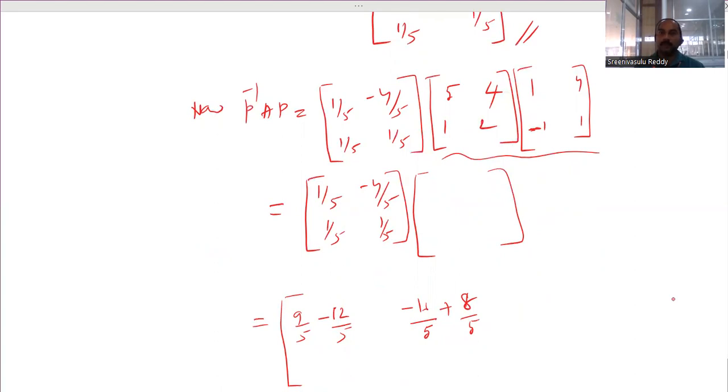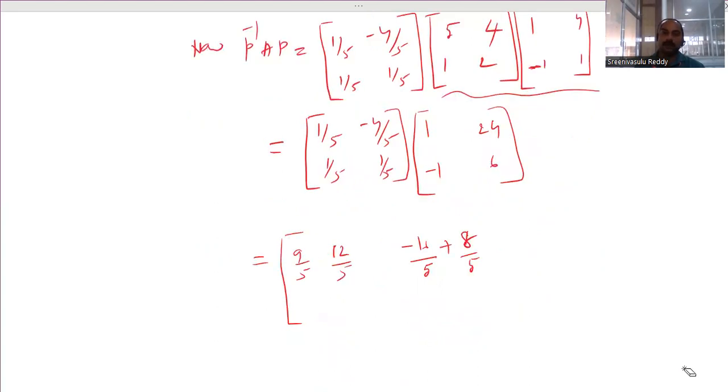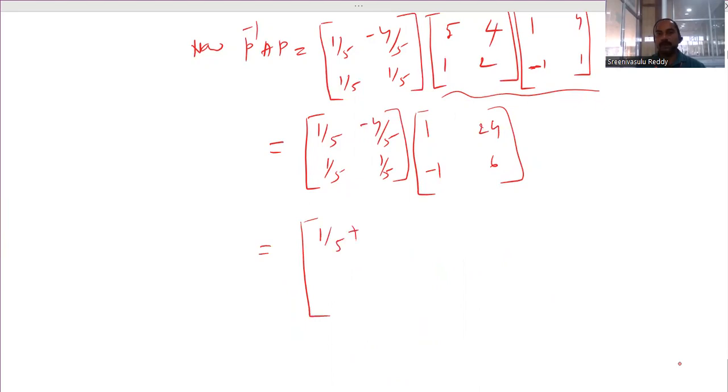Now multiply the matrix, we get 5, 4, 1. 20 plus 4, 24. 1 minus 2 minus 1, 4 plus 2, 6. Now the resultant multiplication, which is equal to 1 by 5 plus 4 by 5.